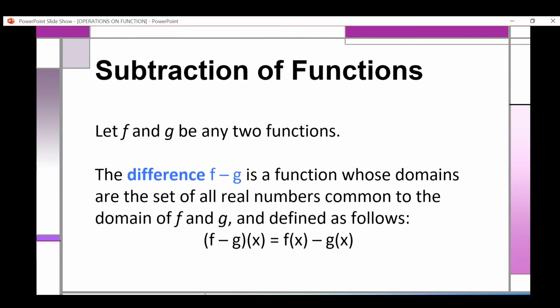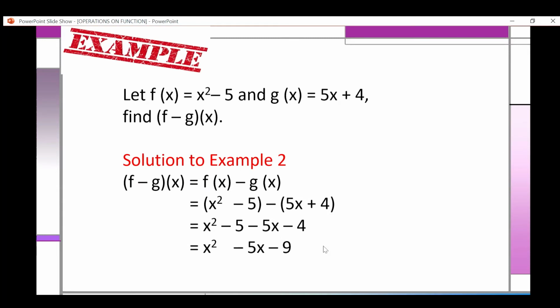Next, subtraction of functions. Let f and g be any two functions. The difference f minus g is a function whose domain is the set of all real numbers common to the domain of f and g, and defined as follows. Okay, so f minus g of x equals f of x minus g of x.